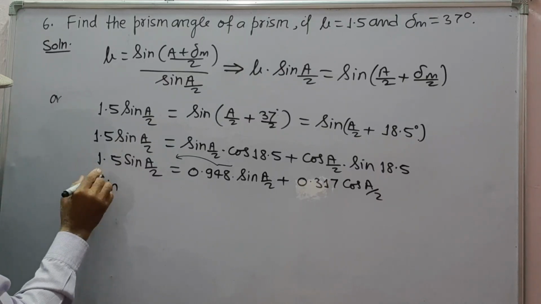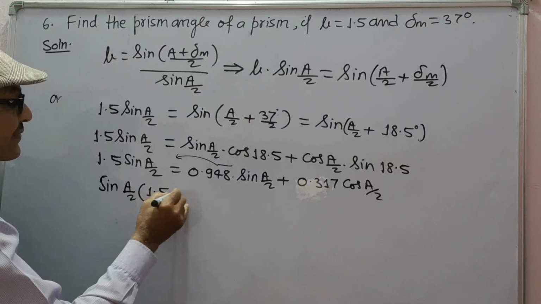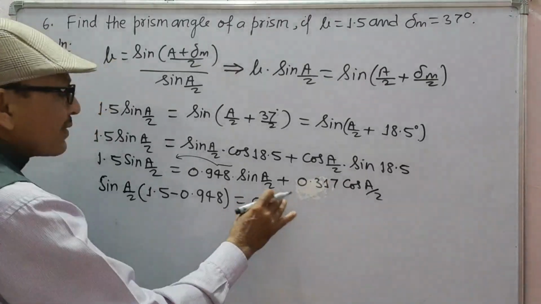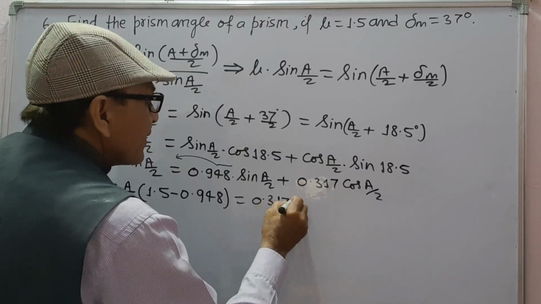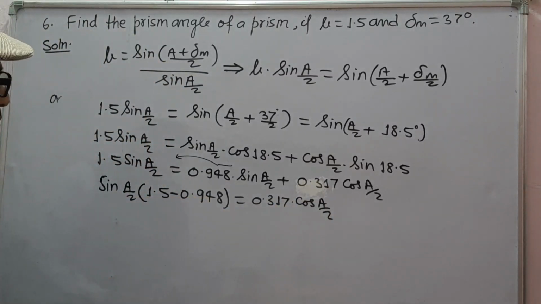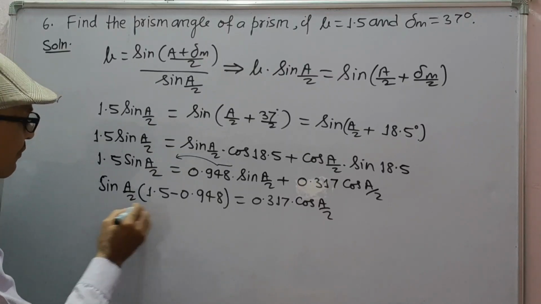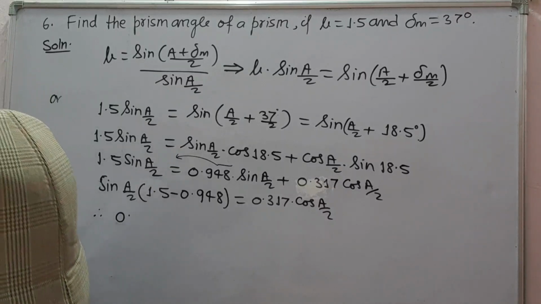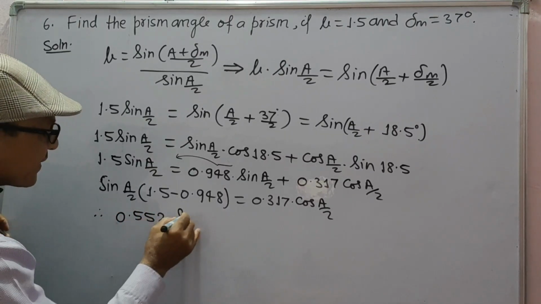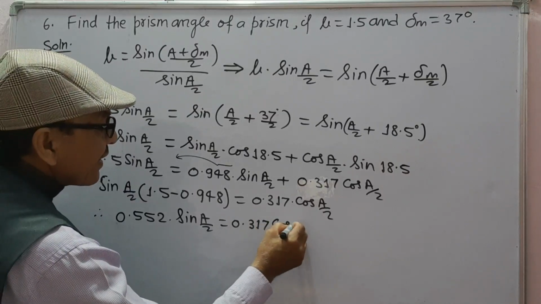Sin A by 2 taken common, 1.5 minus 0.948 is equal to 0.317 into cos A by 2, and this gives 1.5 minus 0.948 gives 0.552 into sin A by 2 is equal to 0.317 into cos A by 2.